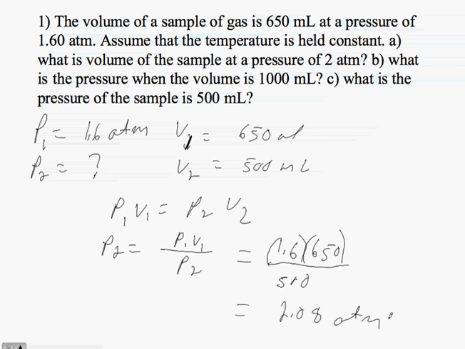And again, does this make sense? If I have 1.6 atmosphere, I have 650 milliliters I'm starting with. If I'm decreasing my volume, that should mean that my pressure has increased, which is exactly what I see in this equation.